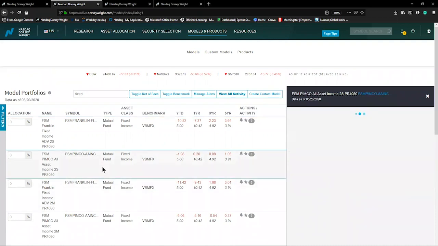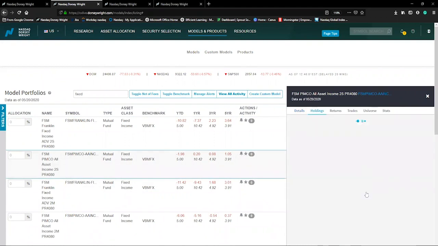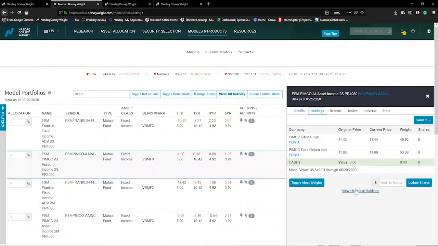We see that model have a similar approach, again with Pemko's lineup of fixed income focused, or rather income focused, funds. Looking at holding 2 funds, again evaluated on that seasonal quarter basis. Currently with exposure to the government securities fund and then that real return institutional fund as well.